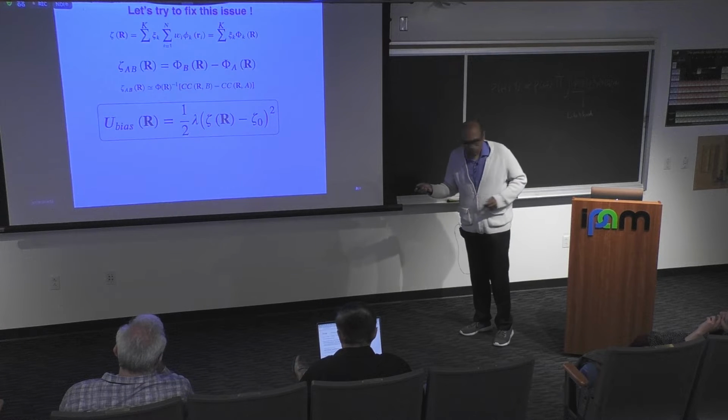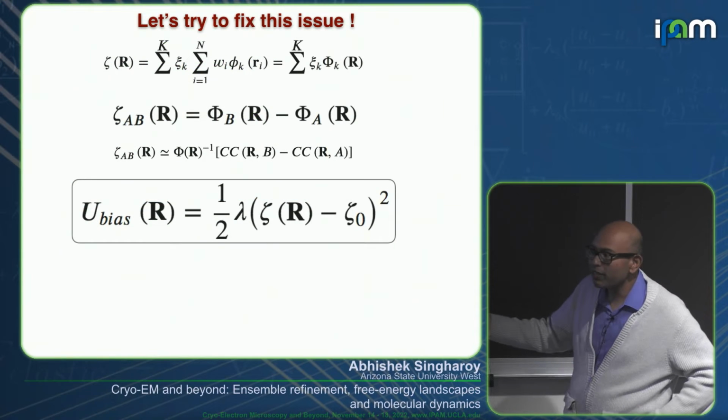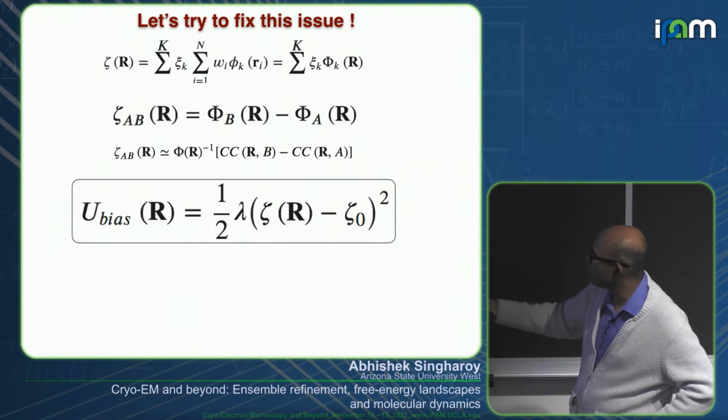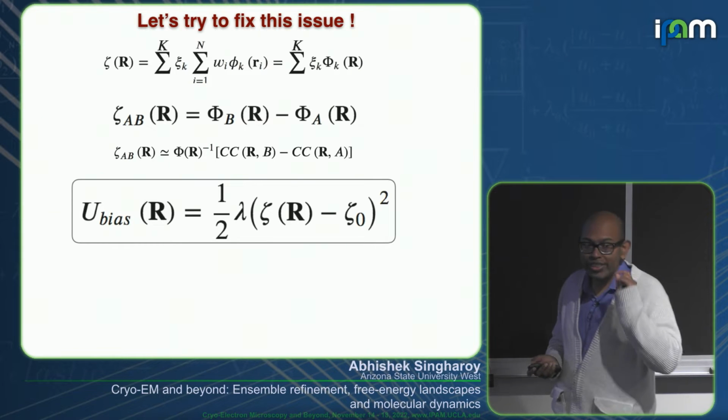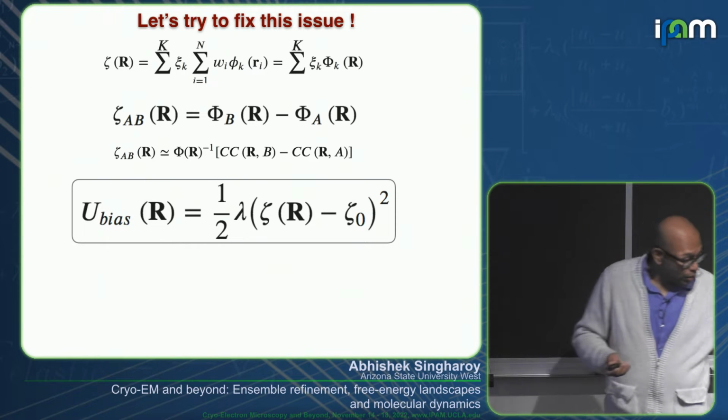In doing so, let's do some mental math. This is my potential. The force is the first derivative of this with respect to position. So there will be a square of this term, a single of this term, and a constant. The square is nothing but the derivative of cross correlations. The derivative of cross correlation is very different from the derivative of the density itself, for the following reason.